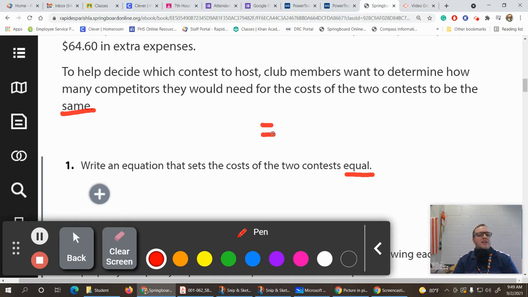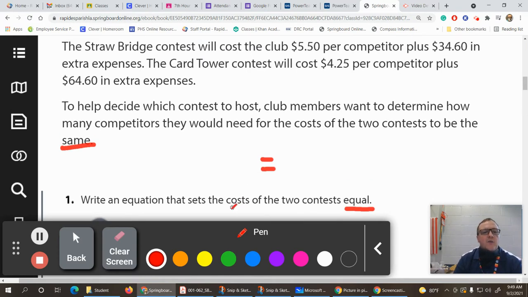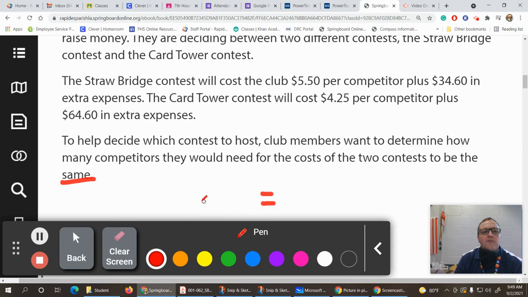So now we just have to come up with this equation, and we find that by getting the information out of this part of the paragraph. Both of them are talking about per competitor.